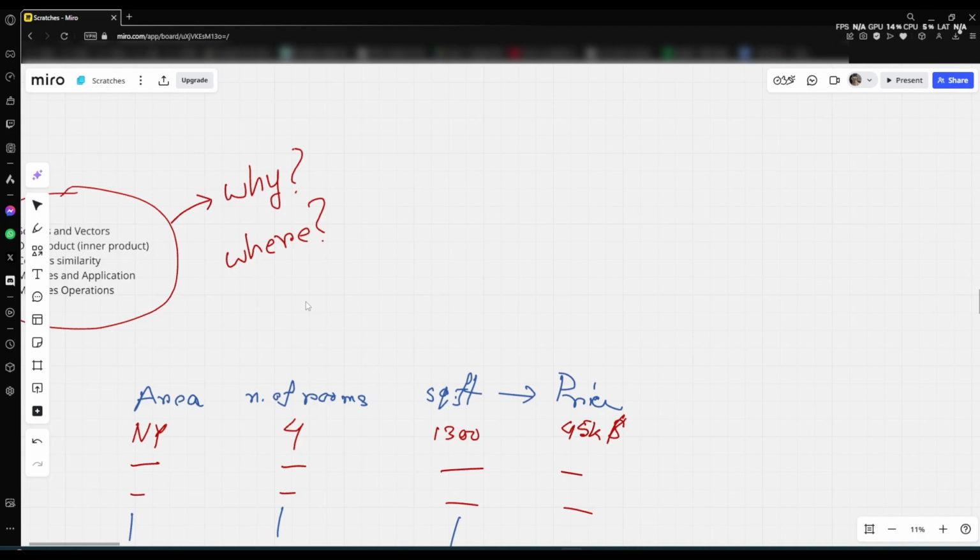Instead, it represents a collection of values. It can have different dimensions like 10, like 20 and 30. This is a 3D representation, and we can even plot this into a graph also.